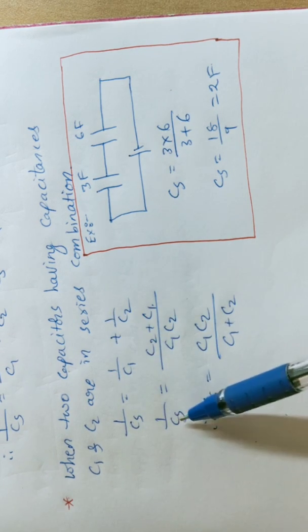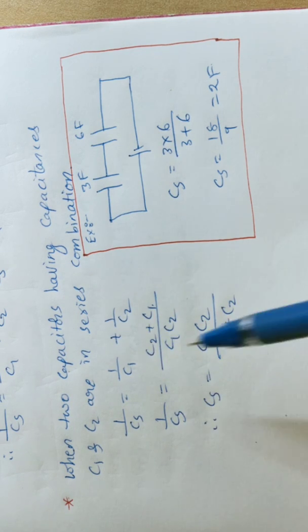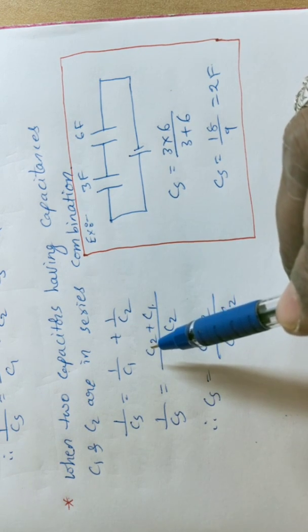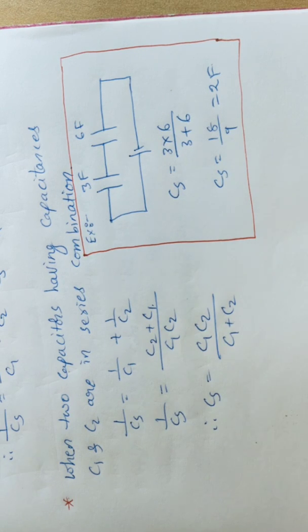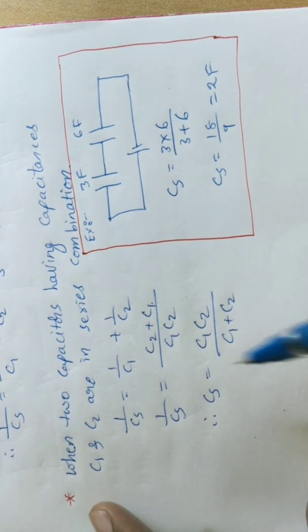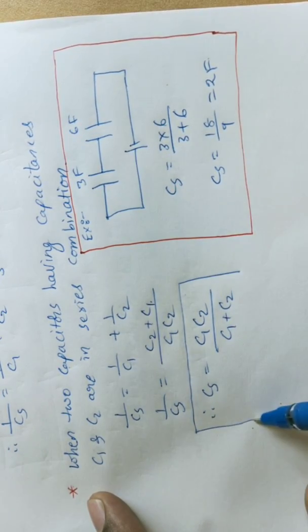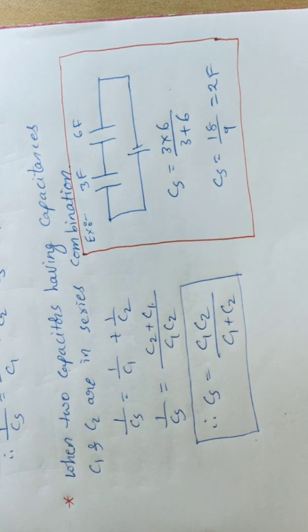Taking the LCM C1 C2, the numerator is C2 plus C1. By taking reciprocals, finally we get Cs equals C1 C2 divided by C1 plus C2. So Cs for only two capacitors is C1 C2 divided by C1 plus C2.